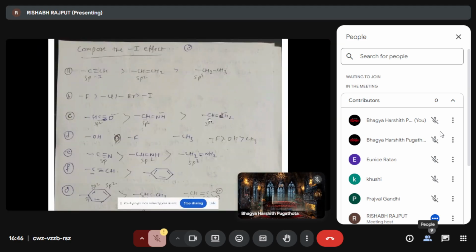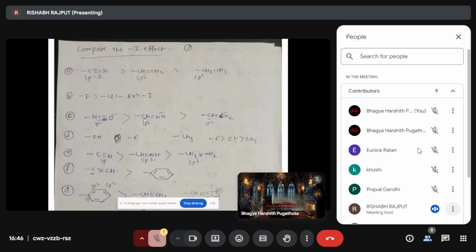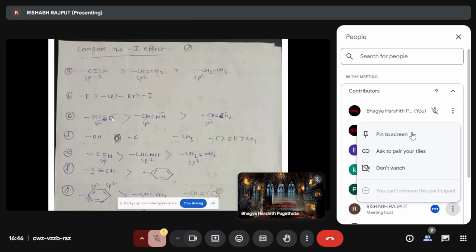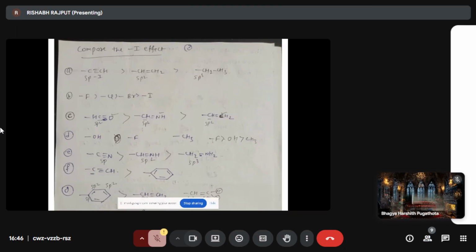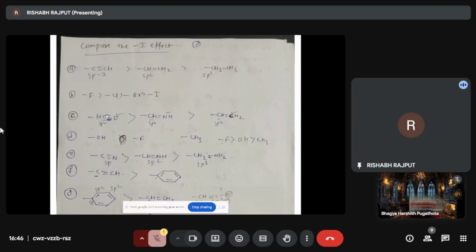But one difference is there: here carbon is there, here NH, here oxygen. Already, oxygen has more electronegativity compared to nitrogen. So that is why this will show more minus I effect compared to this. And this is a normal carbon, so it will show less effect compared to both oxygen and nitrogen. So that is why the order is like this.